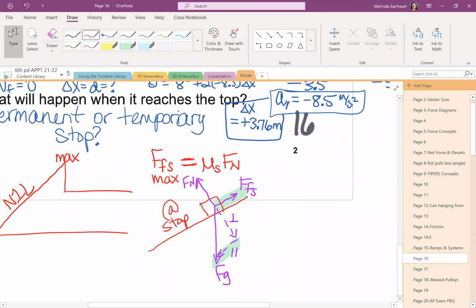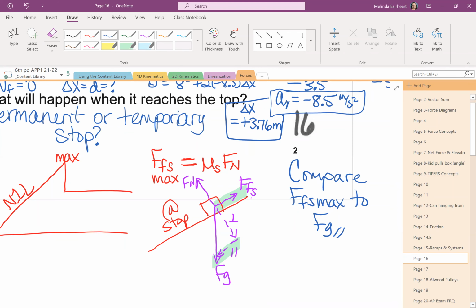Okay, so what we're going to do is calculate the maximum static friction. That's our limit. Maybe we're at the limit, maybe we're not. So we got to compare that FFS max to the FG parallel, bringing it down. Okay. Everybody good with our game plan?